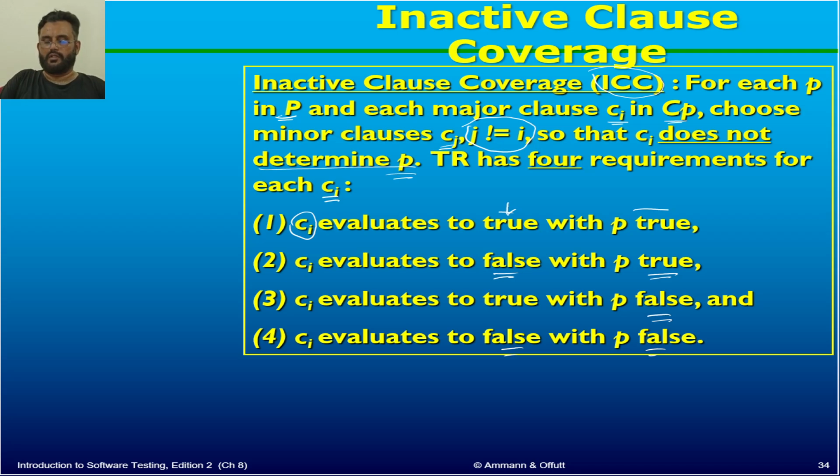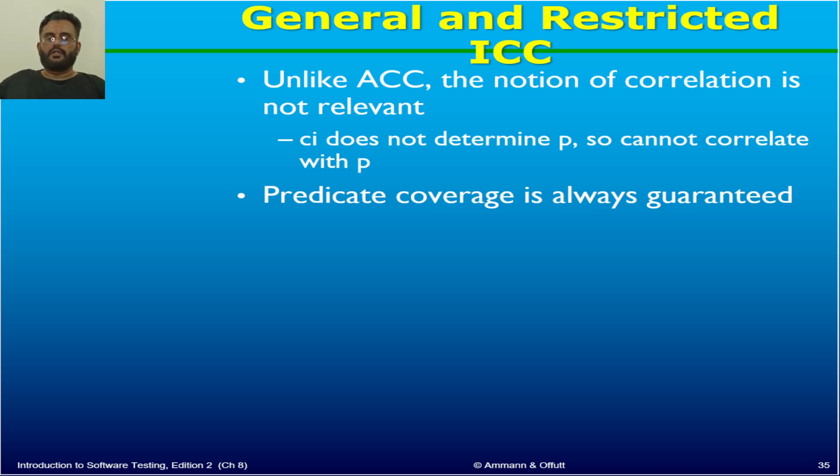So unlike active clause coverage, the notion of correlation is not relevant, because we discussed this possibility in correlated active clause coverage, where the minor clauses can actually make the predicate true in one scenario when the active clause was true and false when it was false, and then the changing of values was allowed.